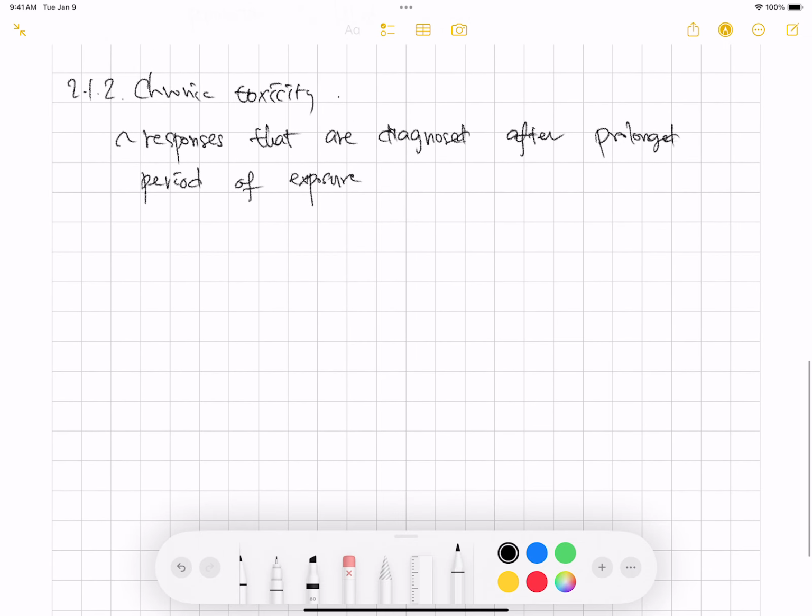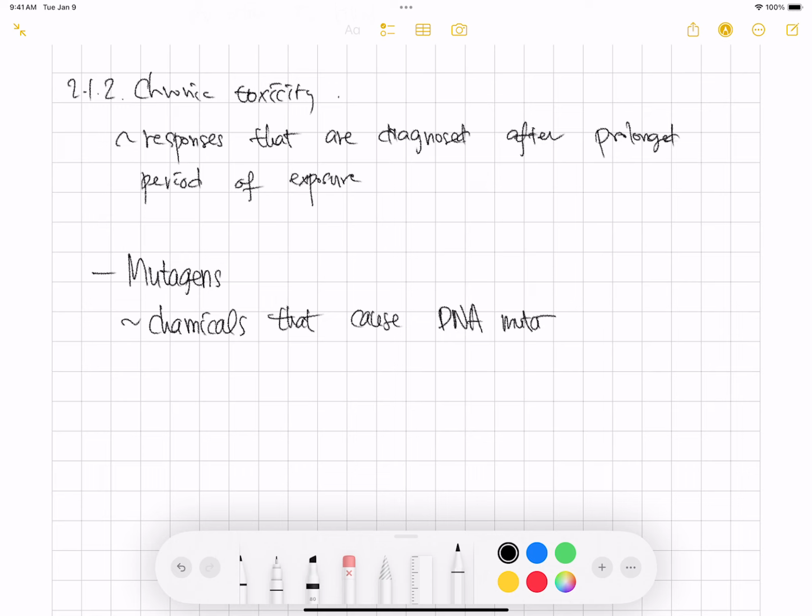And examples of chemicals that have chronic toxicity include mutagens. Mutagens are a class of chemicals that cause DNA modification, mutation.